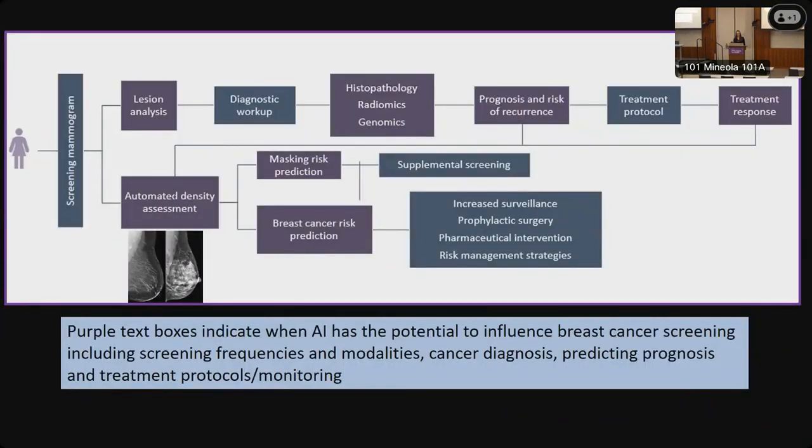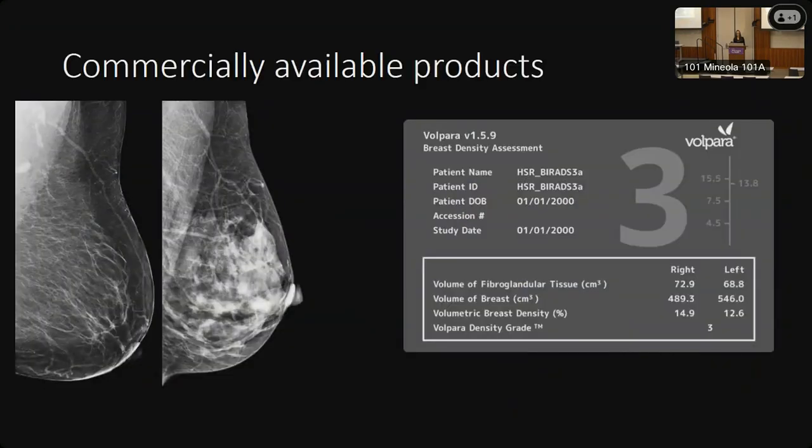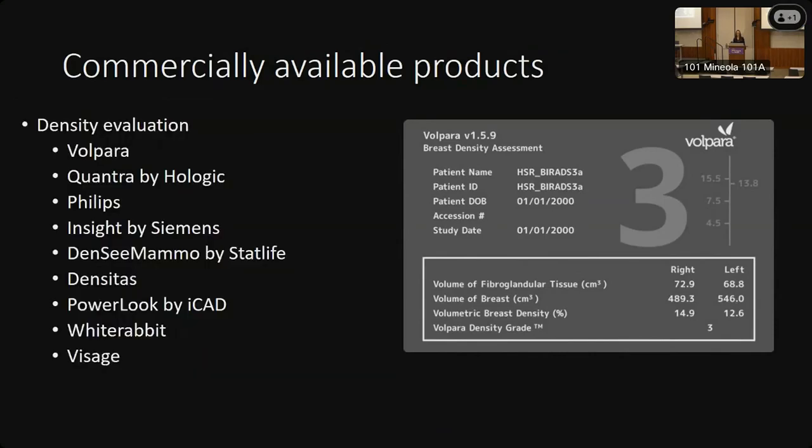Another place where commercial products are going strong is just density assessment. So, you know, we'll look at this and say this is a fatty mammogram, look at this and say she's dense. But the AI products give us a real quantification of the volume of the tissue and give us a number, which in the 3 means heterogeneously dense. And there's a lot of products doing this out there.